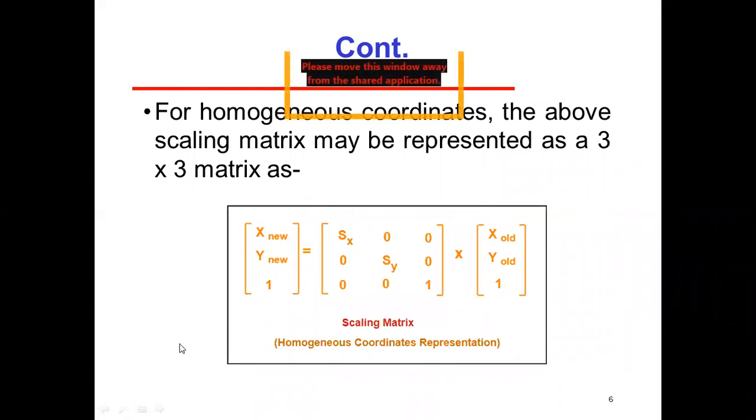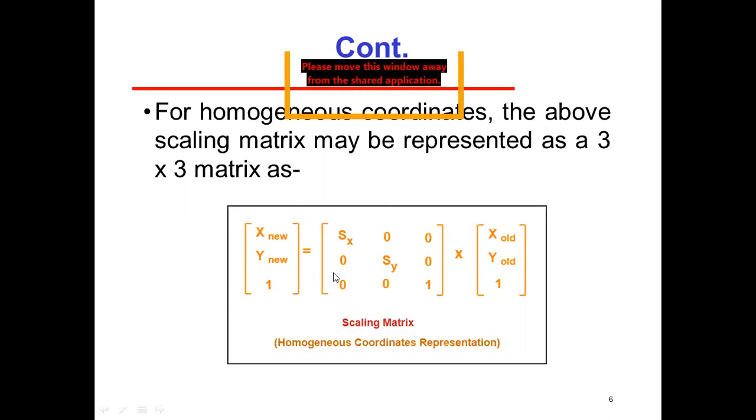Just remember, if we are using the 2D plane, then each transformation must be indicated in the form of a 3 by 3 matrix. If our object or image is in the XY plane, a two-dimensional plane, then the matrix representation will be done in the form of 3 by 3.